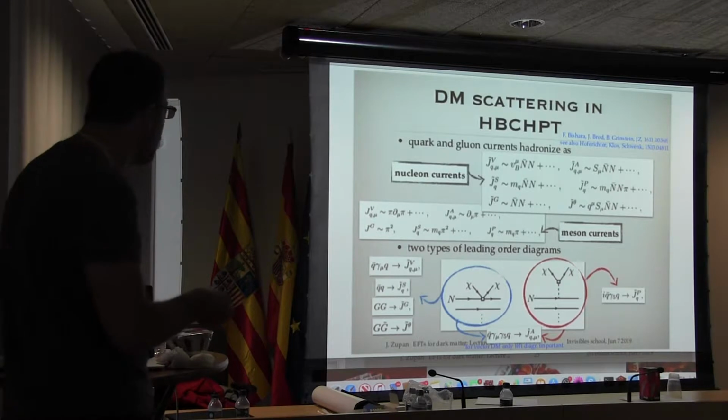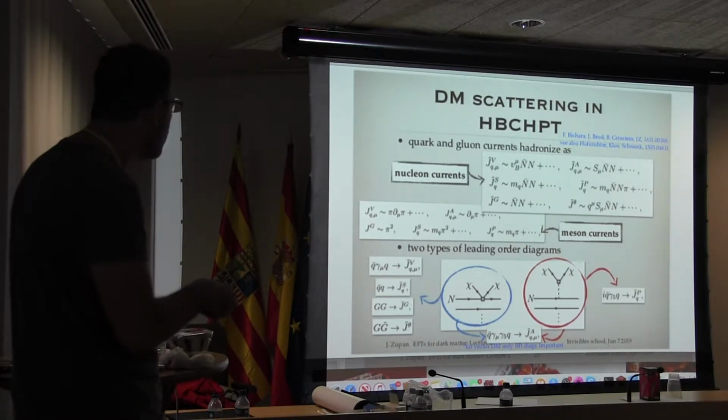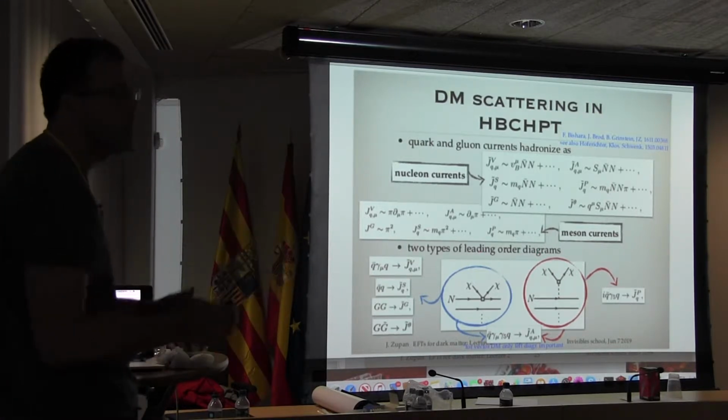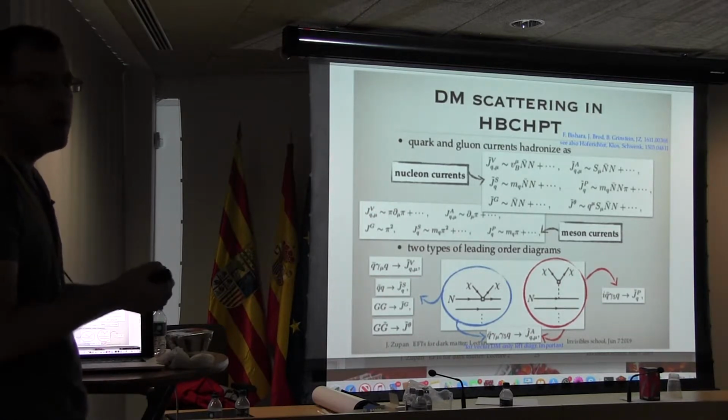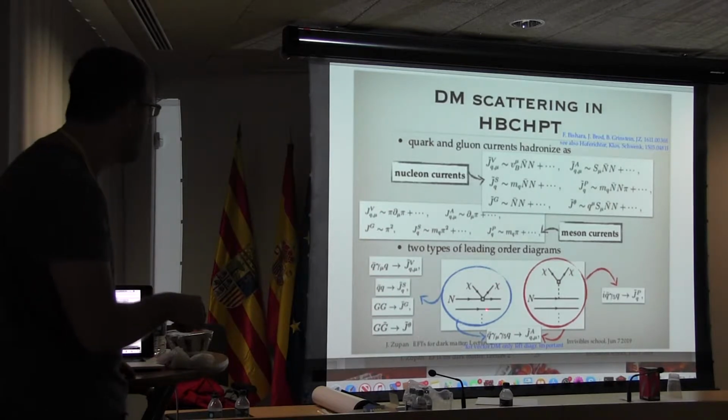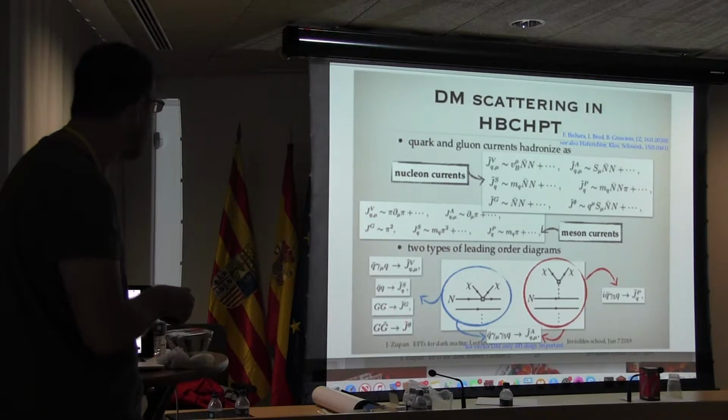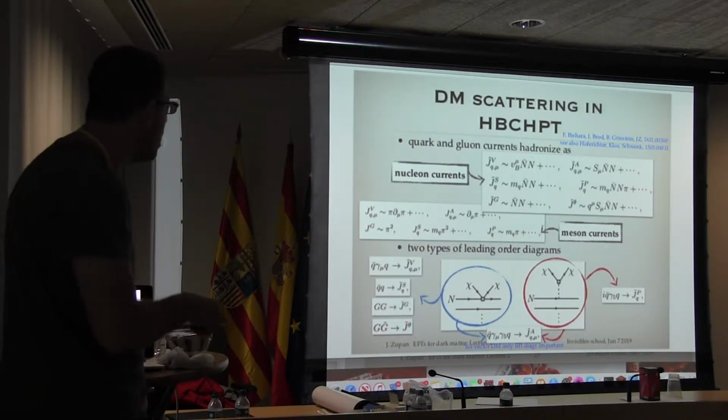So now we apply our counting, and you find the following. There are two types of leading order diagrams. The leading order diagrams have dark matter scattering only on one nucleon, but this can happen in two ways. Either I have a point interaction, so this will happen for vector, scalar, the gluon currents, either the GG or GG tilde.